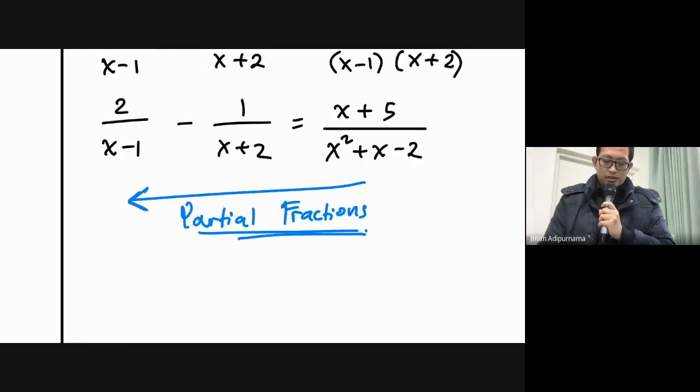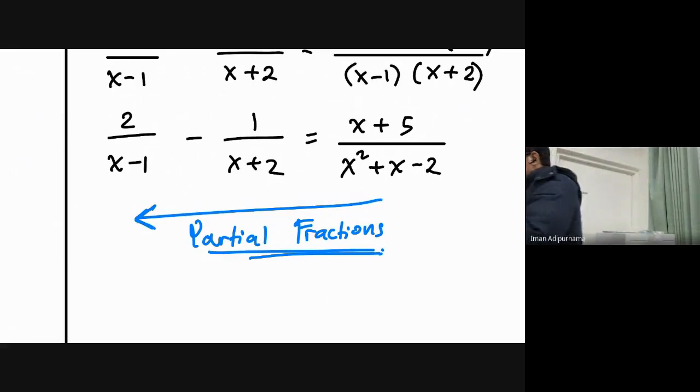If you see a fraction like this, x plus 5 over x squared plus x minus 2, maybe in integral form, one way to deal with the problem is to separate the fraction into separate functions, 2 over x minus 1 and 1 over x plus 2.